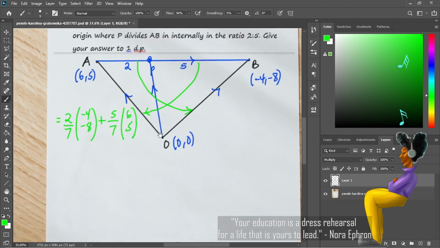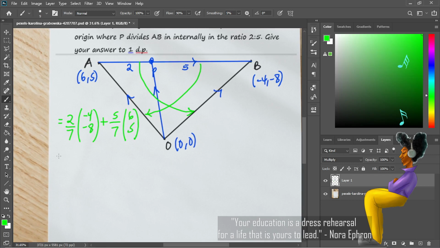So we open those column vectors by multiplying the scalar by each of those coordinates. When I take 2 over 7 times -4, I get -8 over 7. When I take 2 over 7 times -8, I get -16 over 7. That is the column vector when I multiply with the scalar.